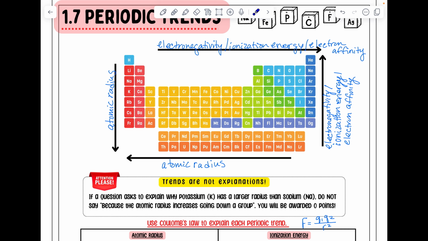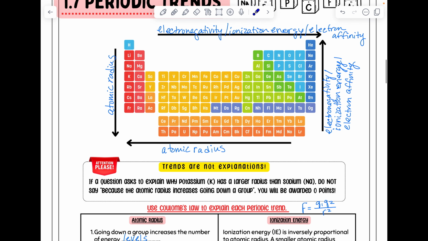And again, that is because it's inversely proportional to atomic radius. And again, electron affinity is a little peculiar. So mostly you're going to be asked about electronegativity, ionization energy, and atomic radius. So those are the main ones.